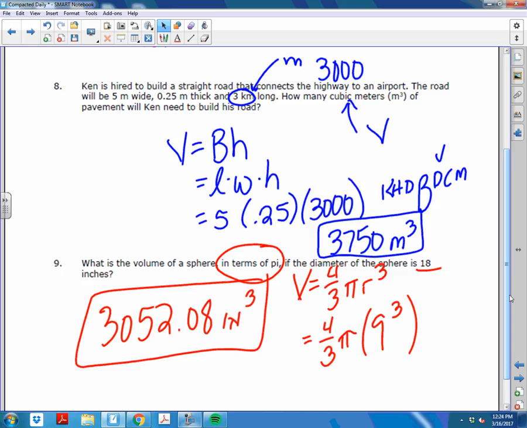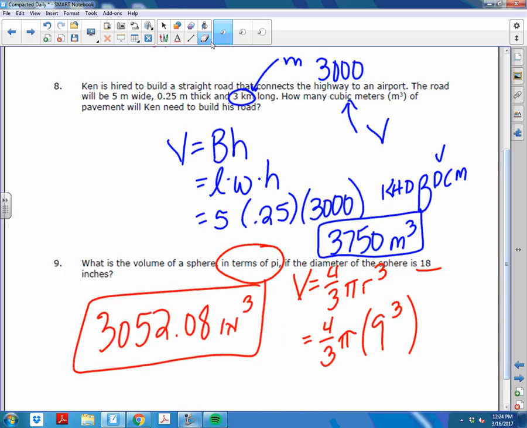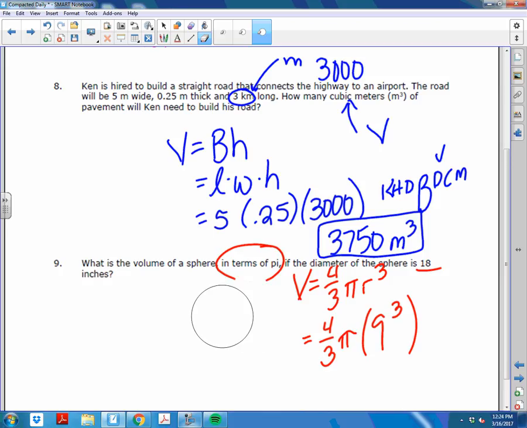Pi. Oh, very good. Pi. Oh my gosh, I'm totally wrong on this one. I set it up with pi, and then I actually multiplied everything.